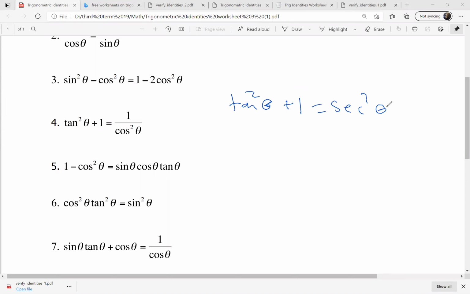What is sec squared theta? It is the reciprocal of cosine squared theta. Then this is the left hand side, and we reach the right hand side.